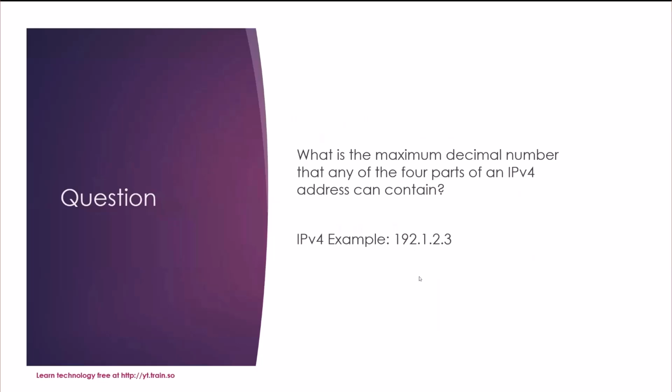So one quick question to test your mathematical knowledge. What is the maximum decimal number that any of the 4 parts of an IPv4 address can contain? So an IPv4 address will look like 192.1.2.3. So instead of 3 or instead of 2 or instead of 1, what is the maximum decimal number I can have?